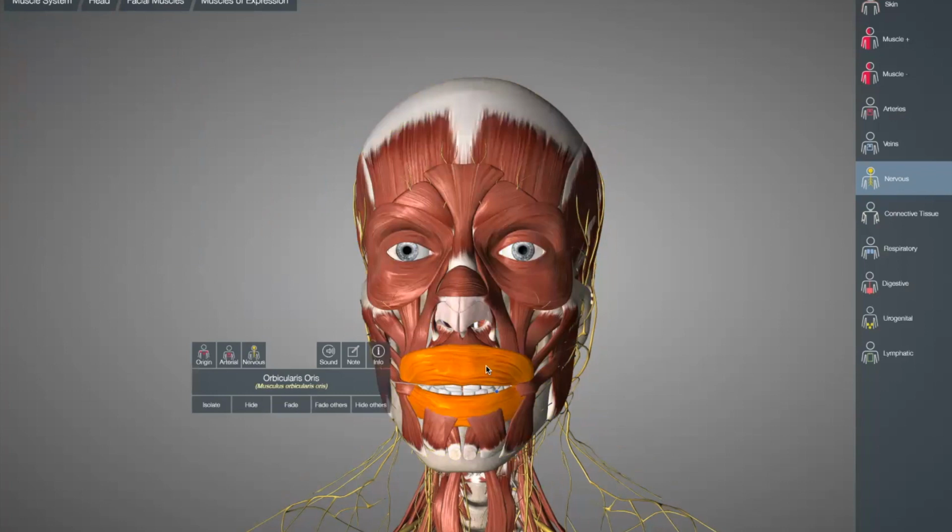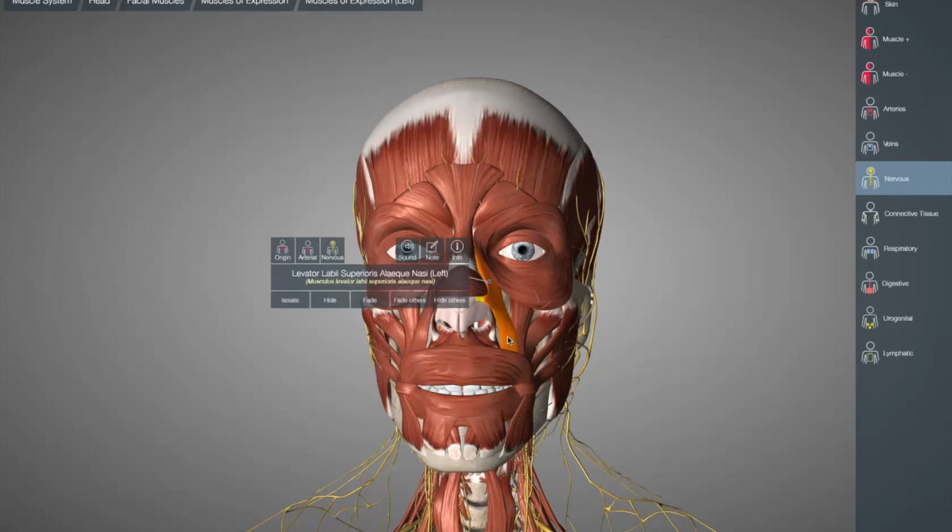I have a question. While I was writing down the names of the muscles, I accidentally wrote in the nasal group the levator labii superioris alaeque nasi. It's not from the nasal part.